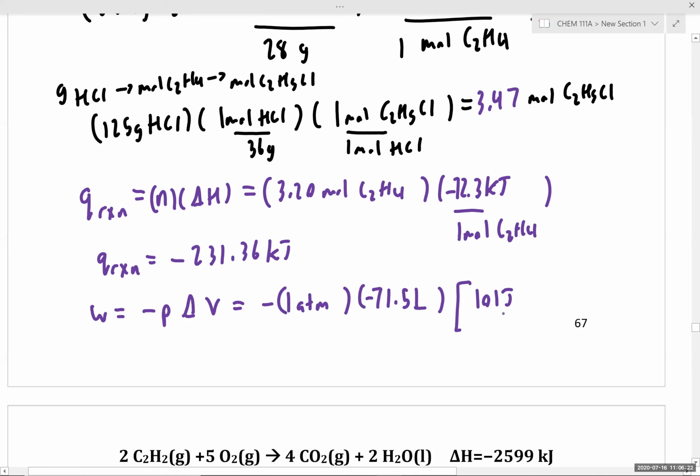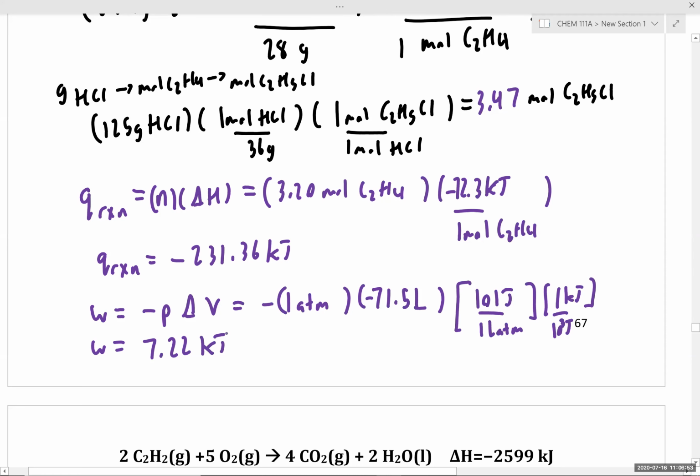We have 101 joules per 1 liter atmosphere, and in 1 kilojoule, we have 10 to the 3rd joules. That gives us a value of work of 71.5 times 101 over 1,000, which is 7.22 kilojoules.